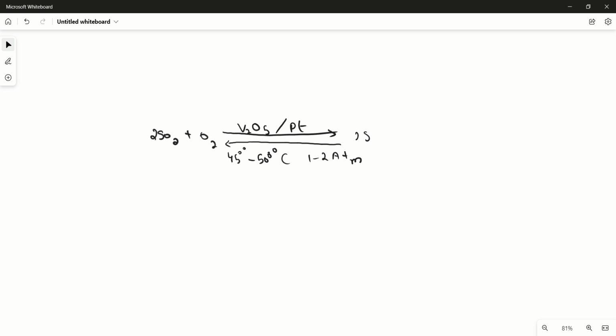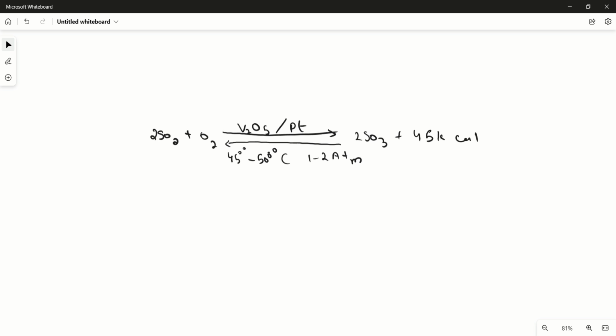This gives 2SO3 plus 45 kilocalories. So it's an exothermic reaction. Why should we make it so, basically, he's asking. An exothermic reaction is favored as it gives a higher yield of sulfur trioxide by lowering the temperature. Le Chatelier's principle. We don't have to rely on Le Chatelier's principle, leave that.